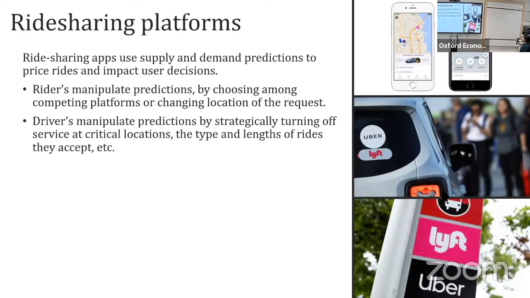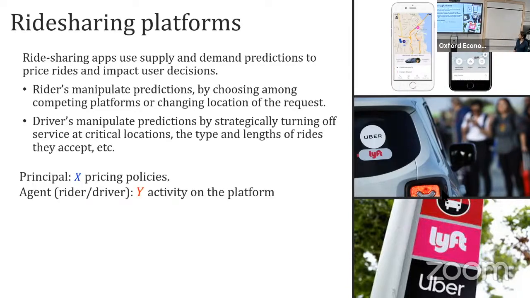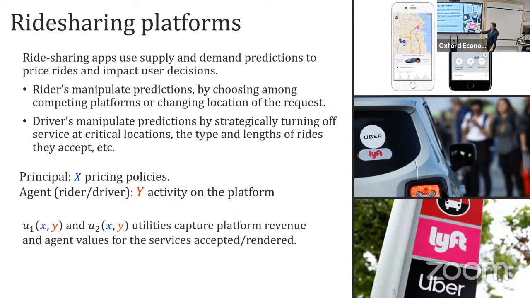The drivers also manipulate a lot, by turning their apps off and on at strategic times and strategic locations, usually around airports. So that all messes with the algorithm. You can think about X as being the high-demand policy, and Y as activity on the platform. Again, these are not zero-sum. It's not adversarial, it's more self-interested.